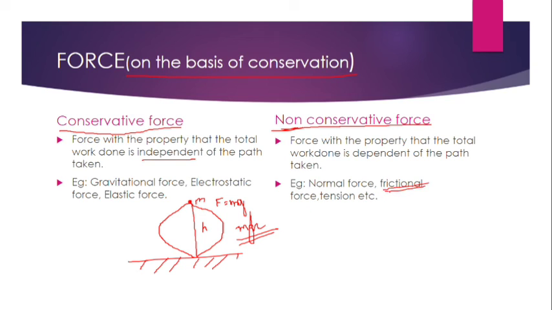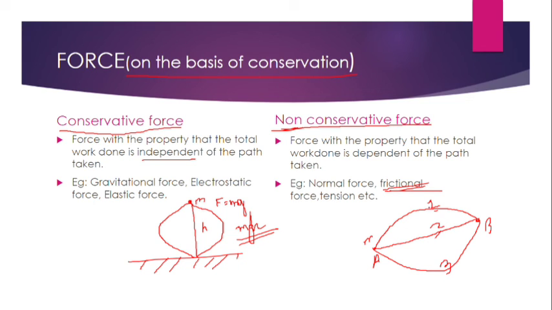The value of frictional force depends on path. That is, if we take a point A here and a point B here, and a body of mass m moves from A to B along different paths, let's give the path names as 1, 2 and 3.